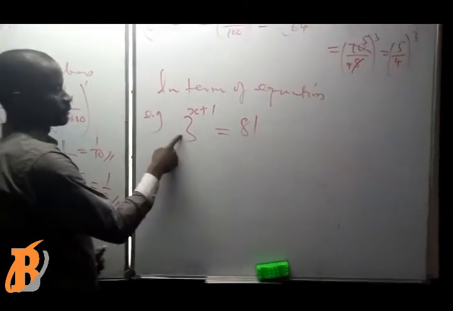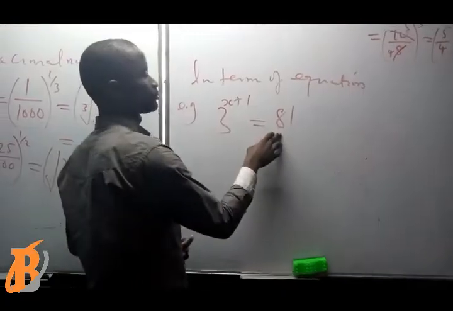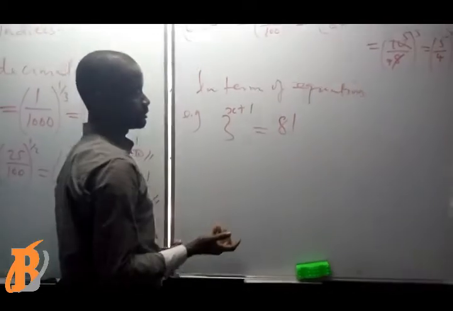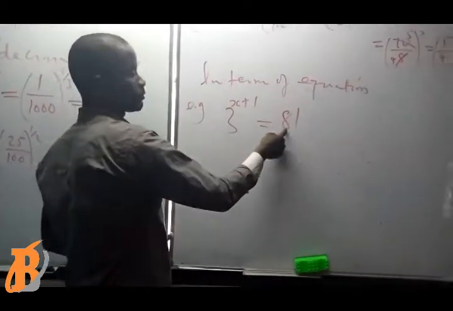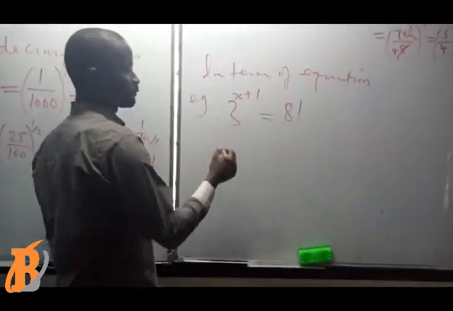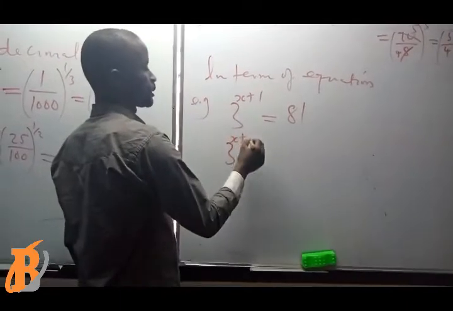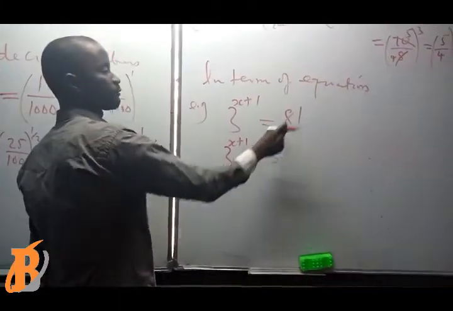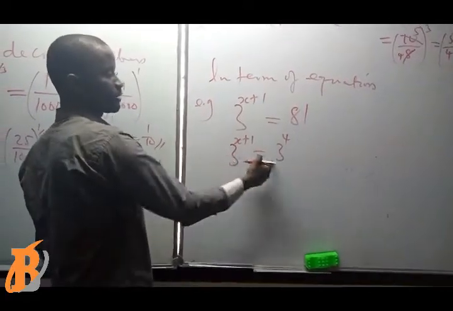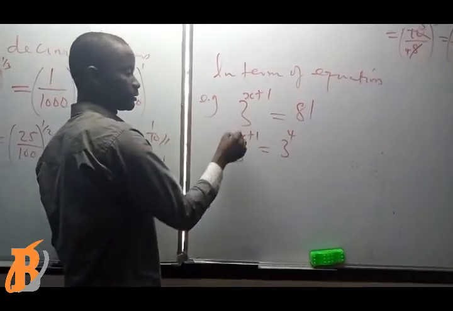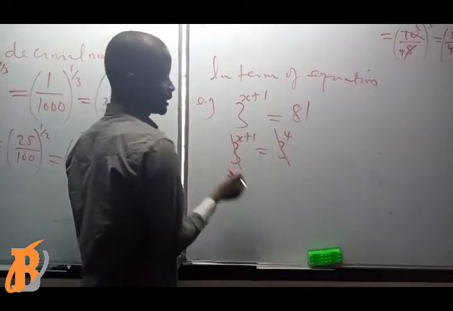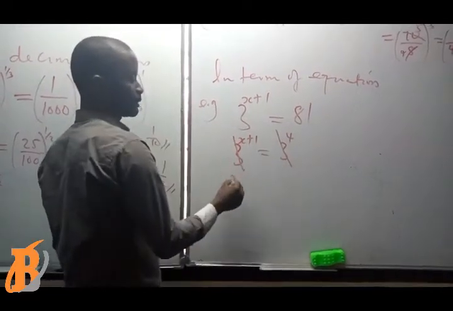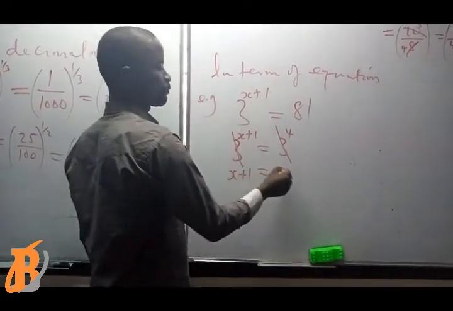You have 3 and then we have 81 here. Equate the base. Now 81 can be expressed in terms of power of 3, that is 3 raised to power x plus 1 equal to 3 raised to power 4, because 3 raised to power 4 is 81. Since this is an equal sign, 3 goes with 3, and then you equate the powers. That means x plus 1 is equal to 4.